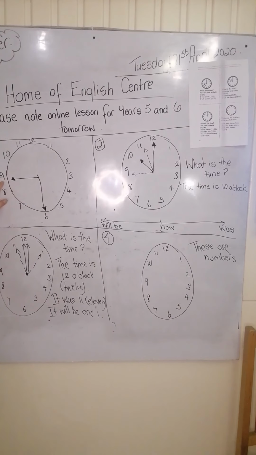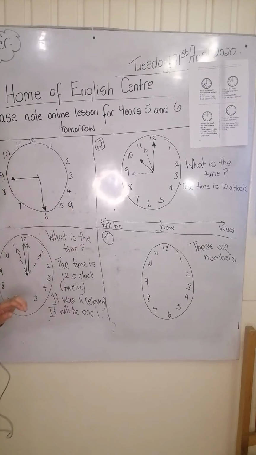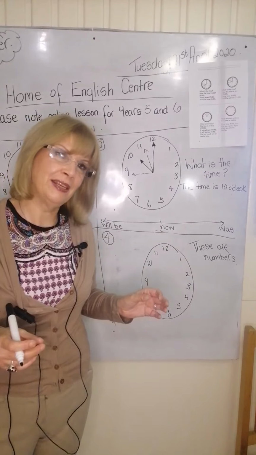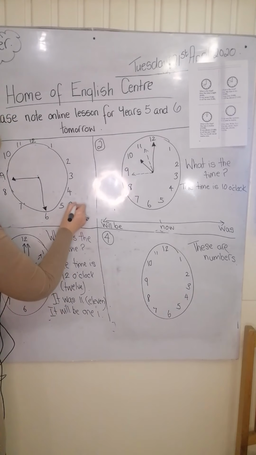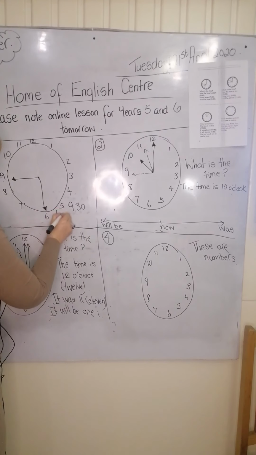We know one hand is pointing to the 9, so we can write in 9. Now we can say 9:30, or more usually 9:30.